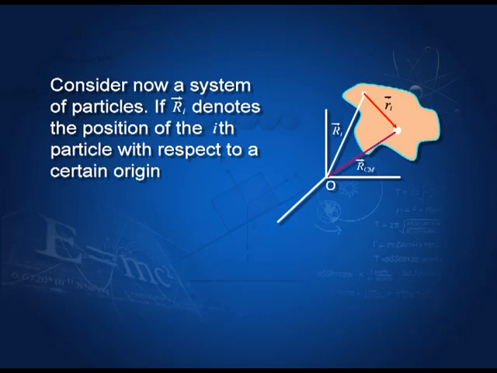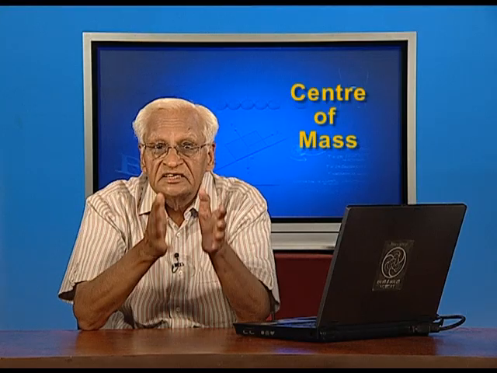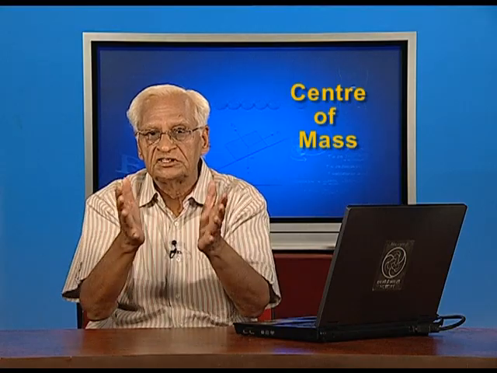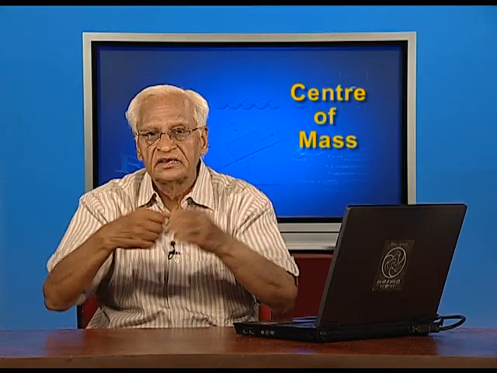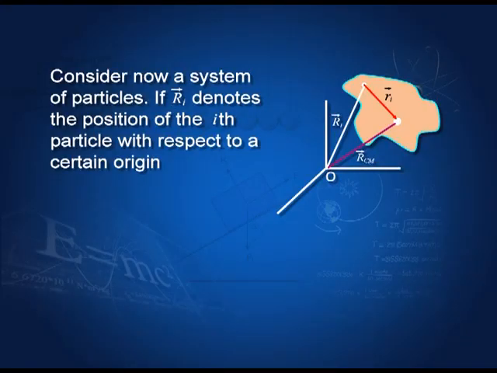We now consider a system of particles, not a rigid body. In a rigid body, particles have fixed positions with respect to each other, they do not change. But now we are considering a system of particles, where the particles are moving around and they change their positions with respect to the other particles.